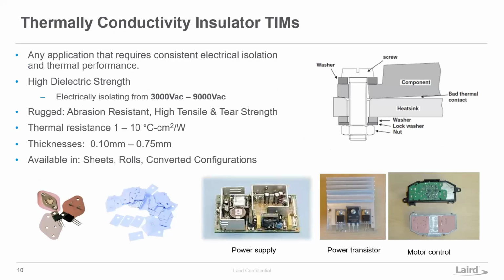They need to be abrasion resistant, have high tensile and tear strength, because of the high pressures and forces involved in a lot of the power electronics applications. That means that the materials need to be harder than general. And in that case, it's harder to get the thermal performance that you can get out of something like a grease or a phase change.